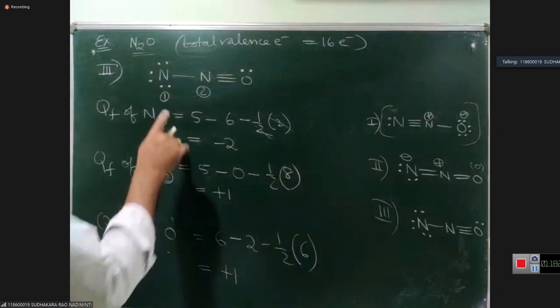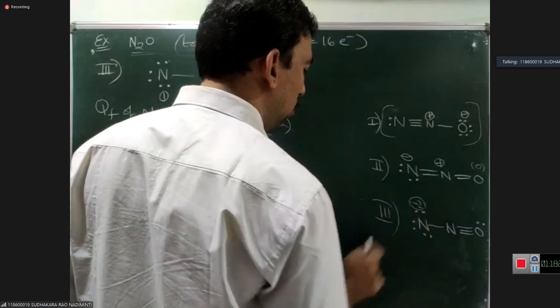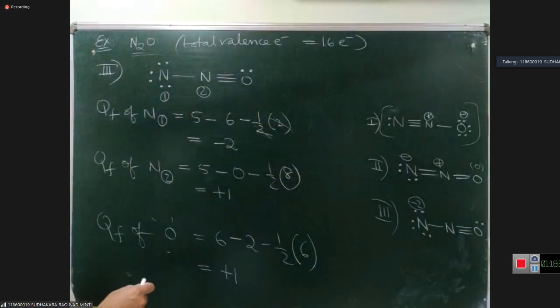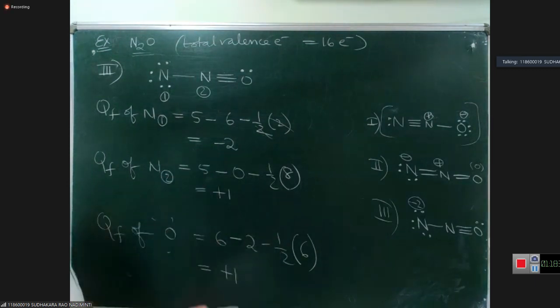So what is the charge coming on the first one? -2. These are not oxidation states, please keep in mind. These are all not oxidation states, they are formal charges, okay?